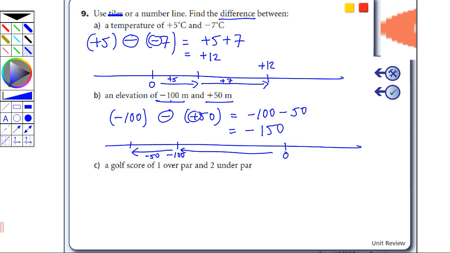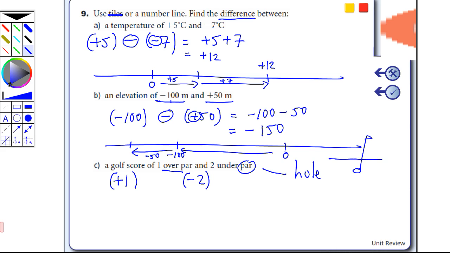And C, a golf score of 1 over par and 2 under par. So 1 over is plus 1, and 2 under is minus 2. And par, by the way, is used in golf, and each hole, so when you have a hole, you've got to get the little golf ball into your hole here.